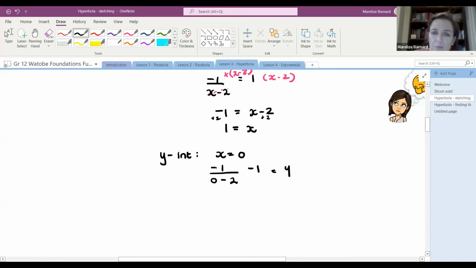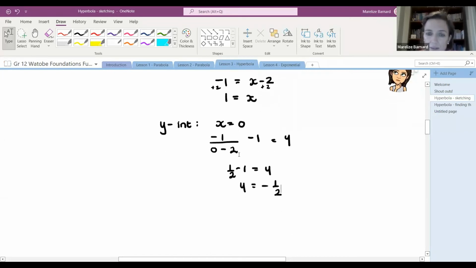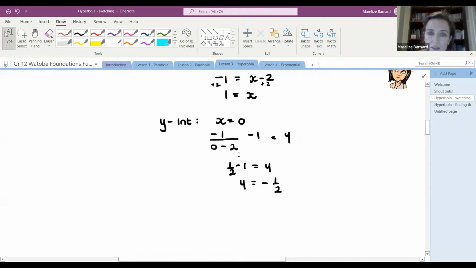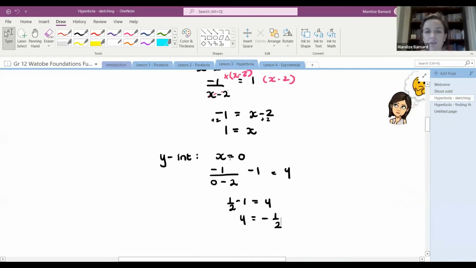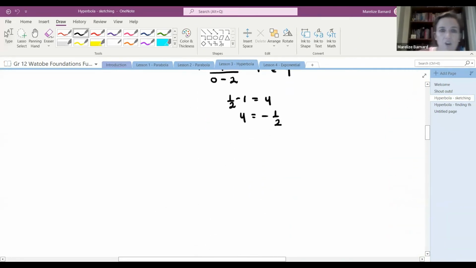This is -1 over -2, which is a half, minus 1 is equal to y, and then y is going to be minus a half. Right, so there's most of our working done now. I am going to go ahead and make an axis so that we can draw our graph.